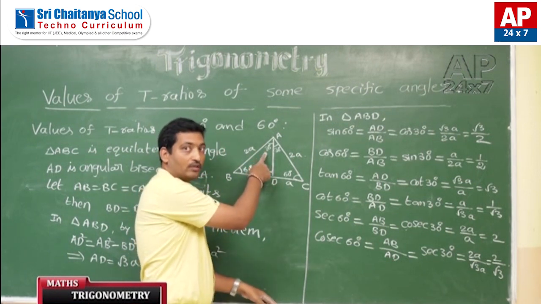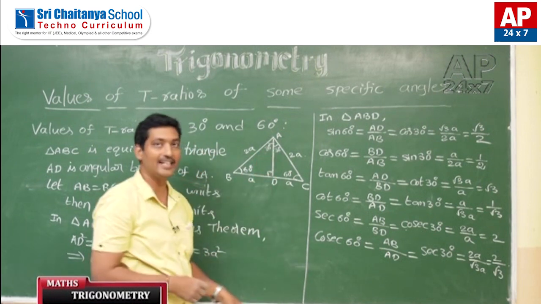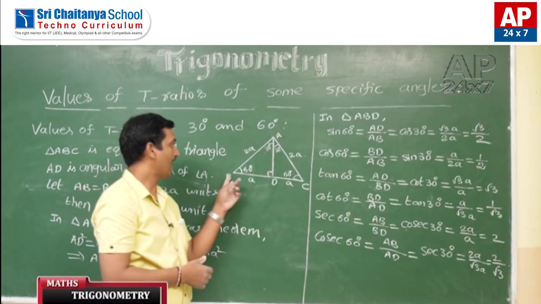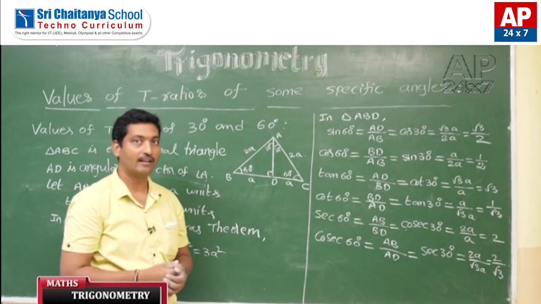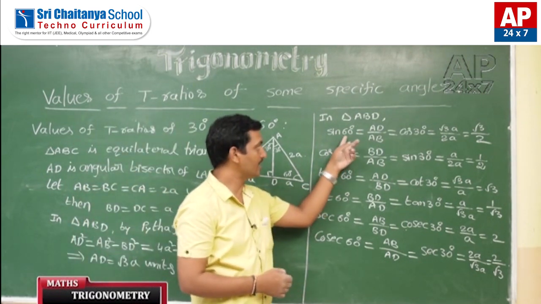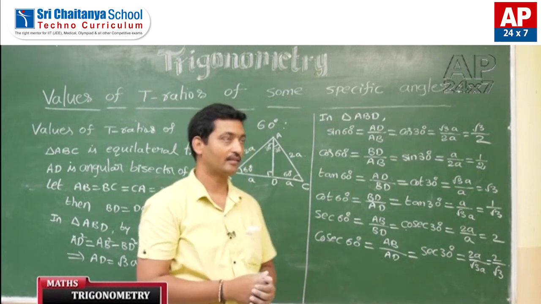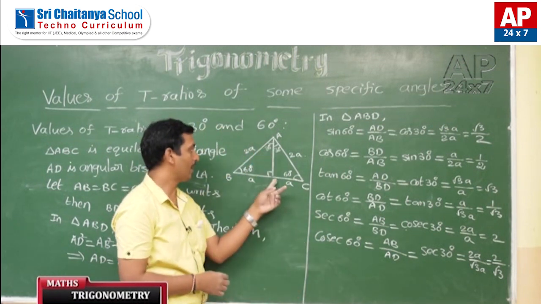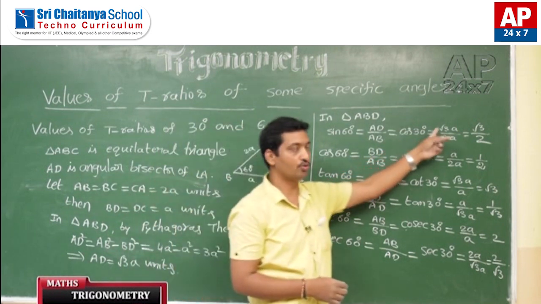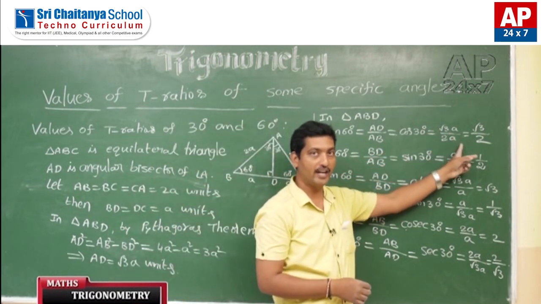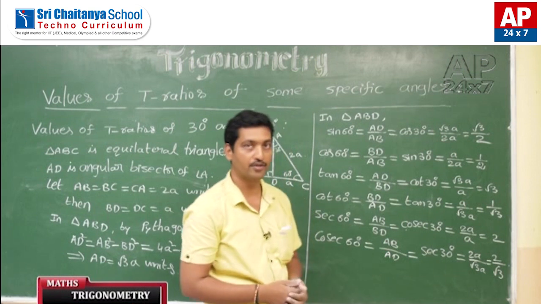With respect to 30 degrees, this AD is the adjacent side and the hypotenuse is AB only. That's why sin 60 degrees and cos 30 degrees both are equal. Both are equal to AD by AB, which is equal to root 3 A by 2A. Its value is root 3 by 2.